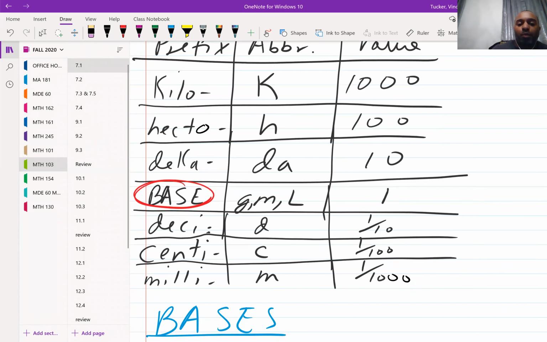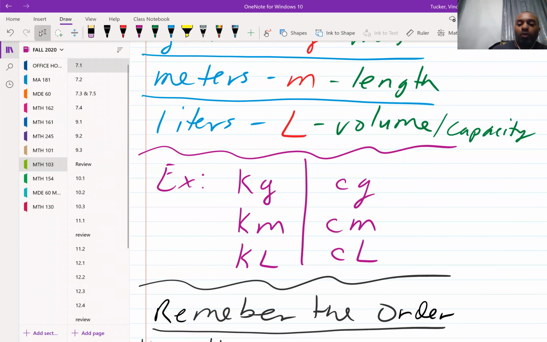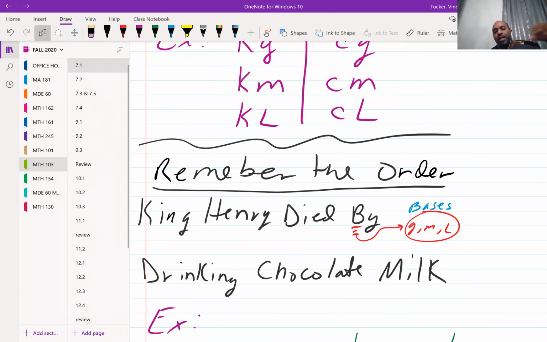So they're separated by tens. So that's just the moving of your decimal. So if you remember the order, and the way we can do that is by King Henry died by drinking chocolate milk. If you can remember that King Henry died by drinking chocolate milk, then hopefully you'll be able to remember the order of your prefixes.